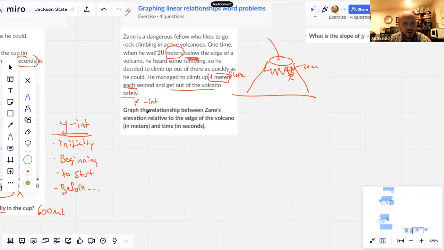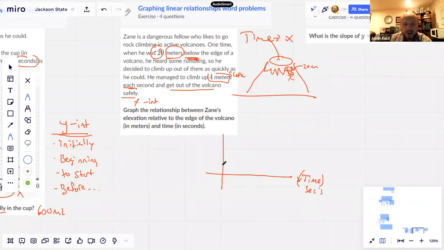End of the situation. Graph the relationship between Zane's elevation relative to the edge of the volcano, which started out at -20, and then the time he got out. So, one thing you should know about time is usually your x, okay? Things happen over time, and so we put time on the x-axis in seconds.